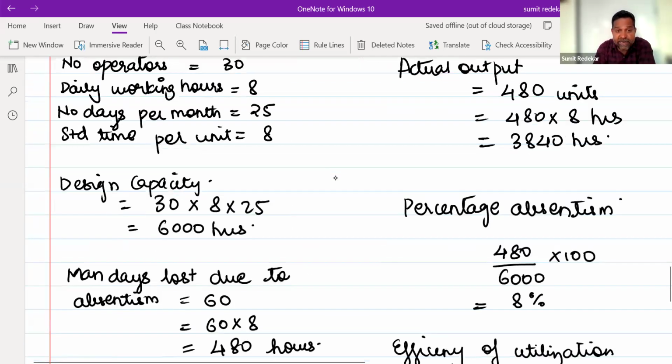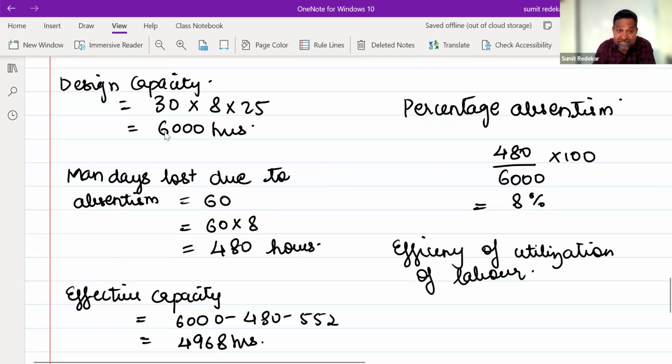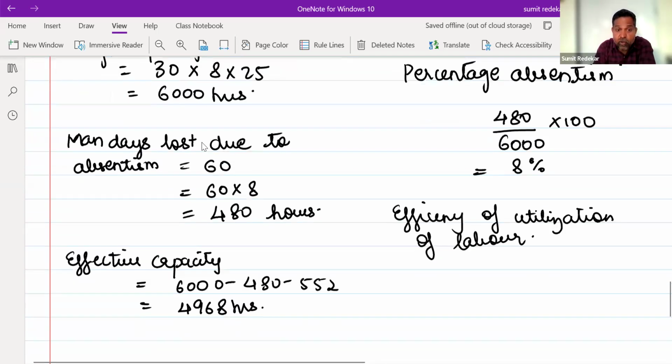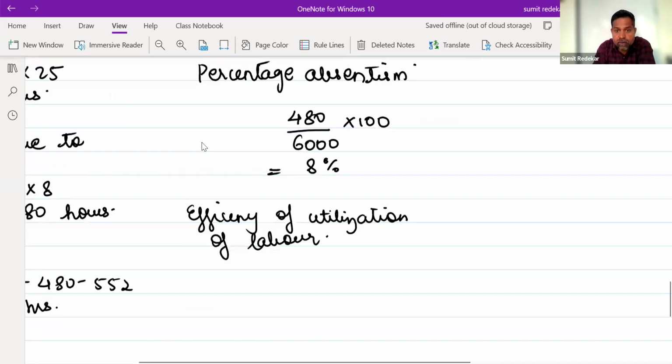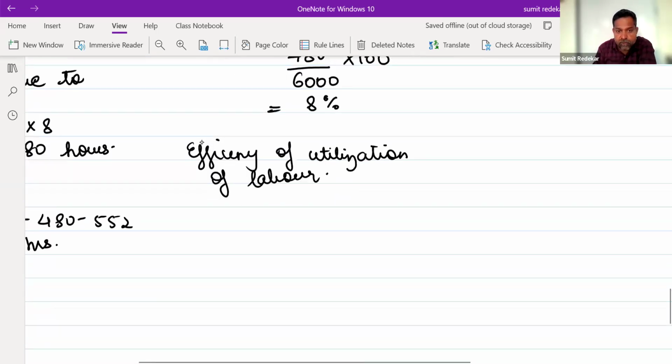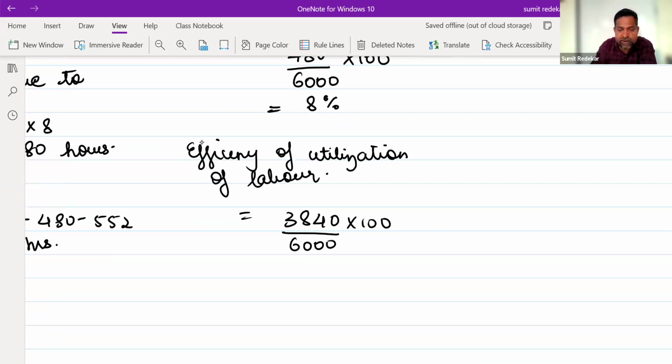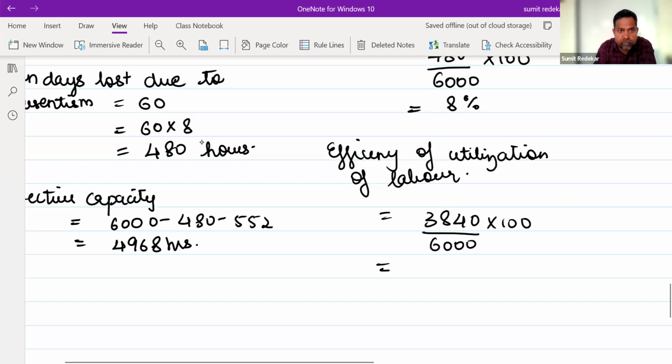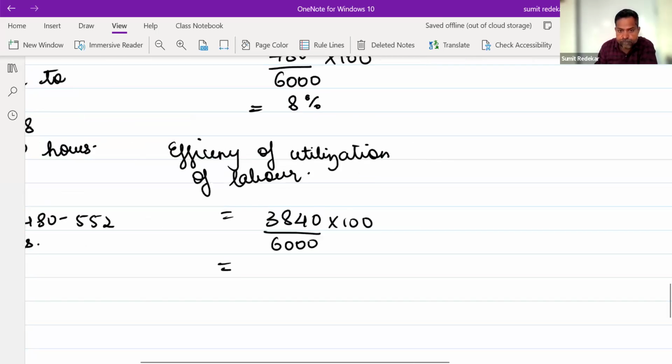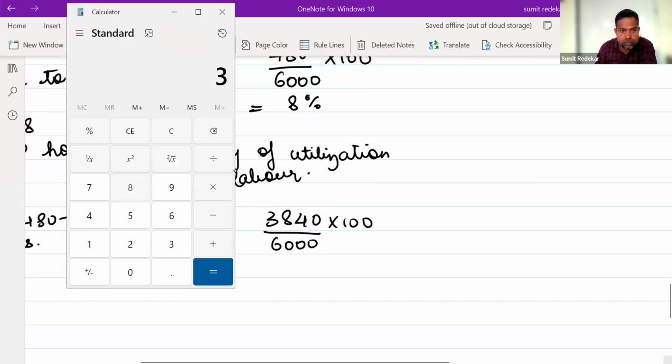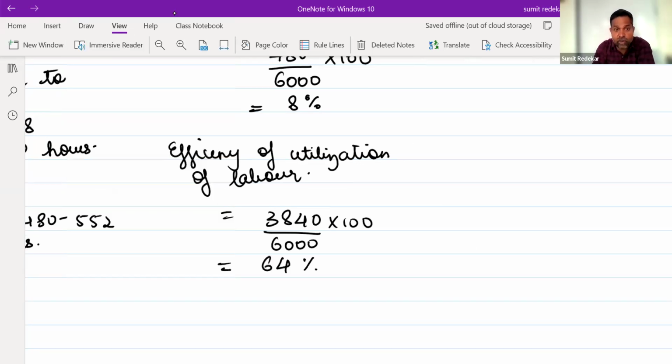What had you designed and what are you getting? I have designed 6,000. I'm only getting 3840. So that's 3840 upon 6,000 into 100, which is going to be 64% utilized.